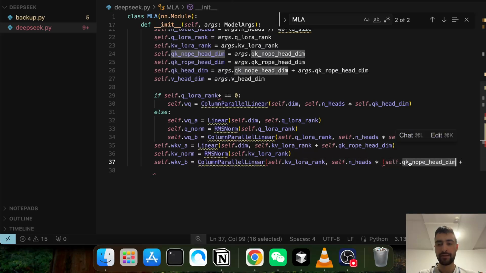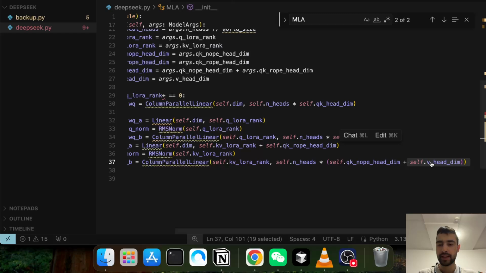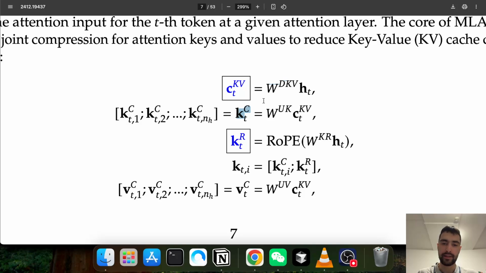But we will actually have something a bit different here. We will have the dimension of key head. So this is the nope dimension of key head plus the dimension of value head. So here again, we are trying to combine this multiplication and this multiplication into one, I believe for computation efficiency.